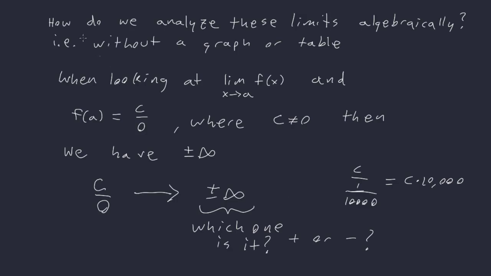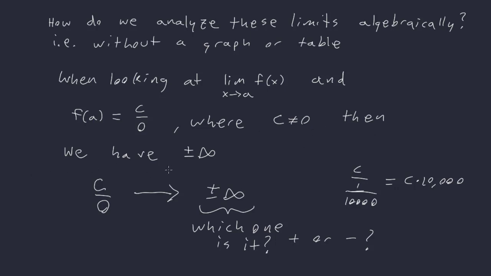Okay, so the question becomes, well, how do we analyze these limits algebraically, i.e. without a graph or a table? So when looking at the limit as x goes to a of f of x, and when we plug in the a, if we get a constant c over 0, and that constant needs to be non-zero, because if it's 0, then we just have a 0 over 0 case, right?